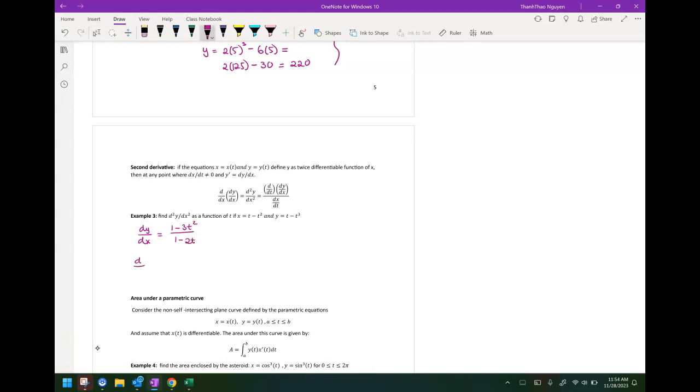So then d/dx of dy/dx is equal to d/dt of dy/dx divided by dx/dt. So for d/dt of dy/dx, we take the derivative of 1 minus 3t squared divided by 1 minus 2t. So we use the quotient rule.